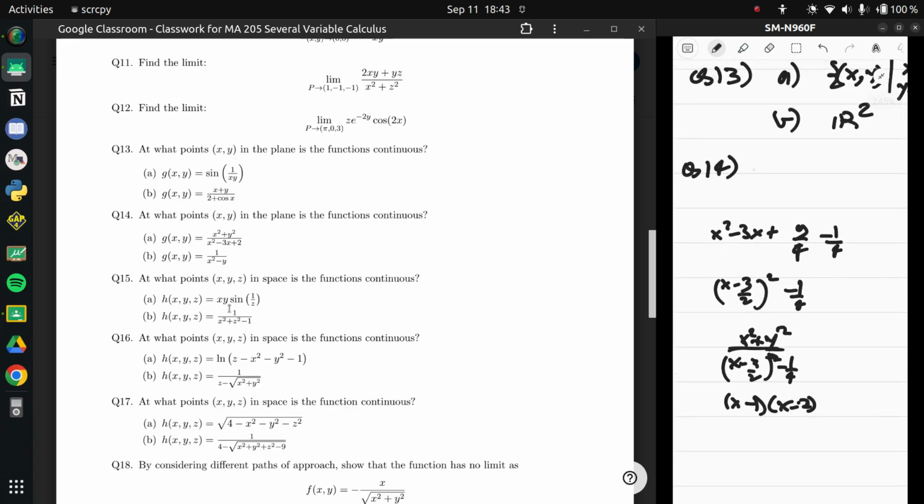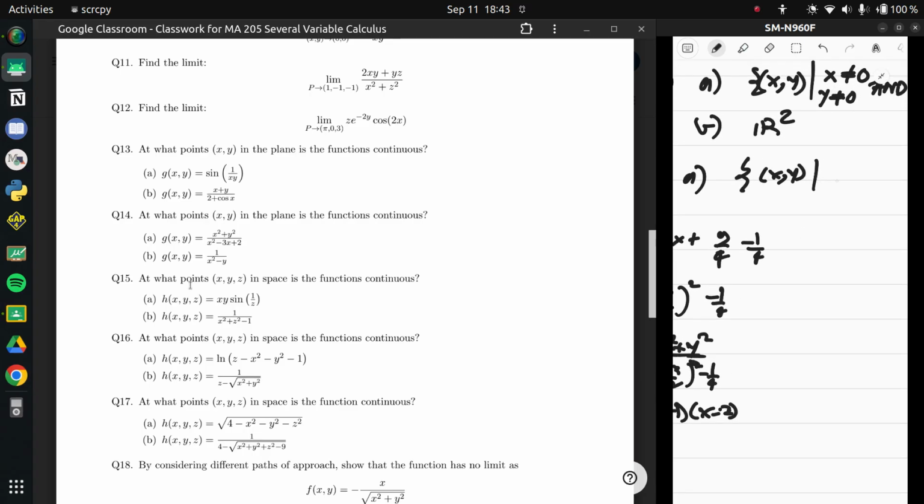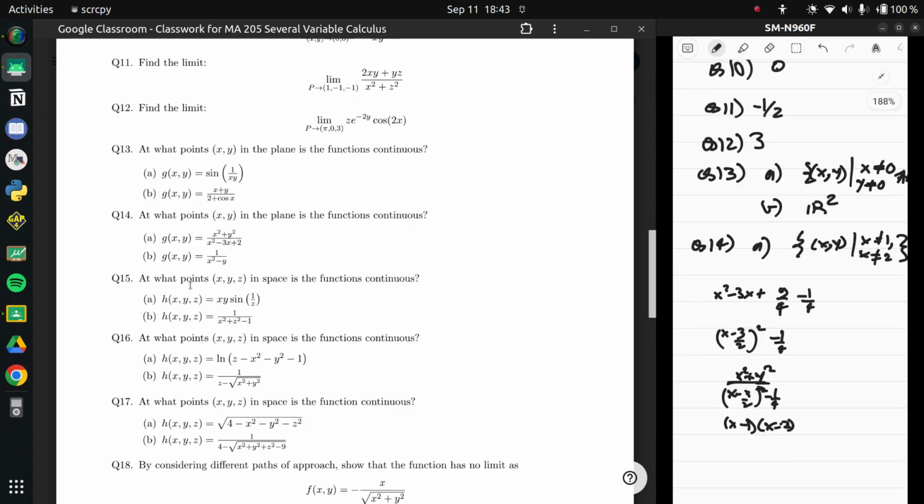So the 14th: everywhere such that x is not equal to 1 and x is not equal to 2. Okay, go on. I guess that is the way it is, right?